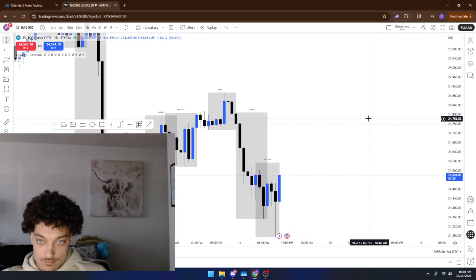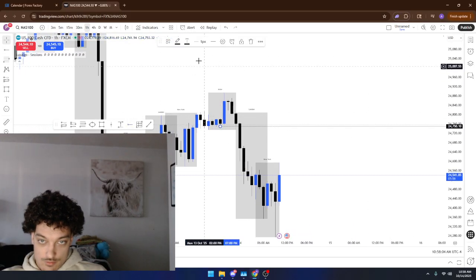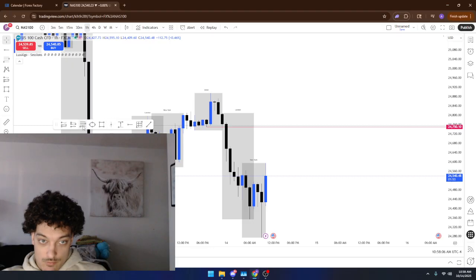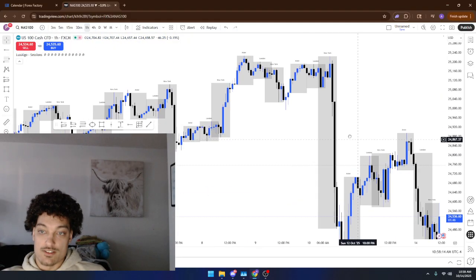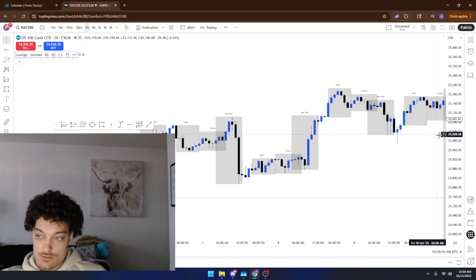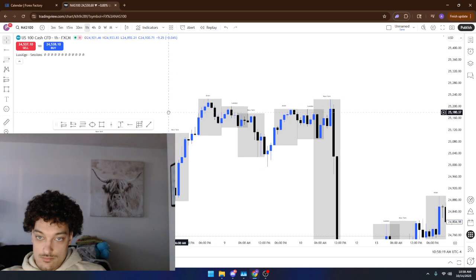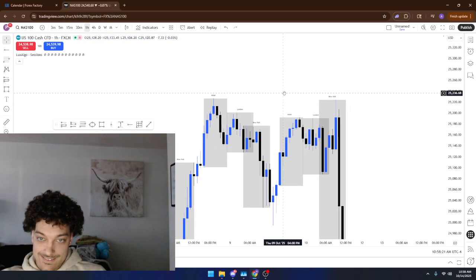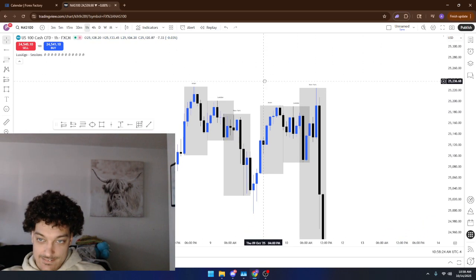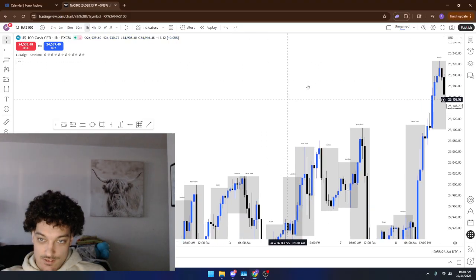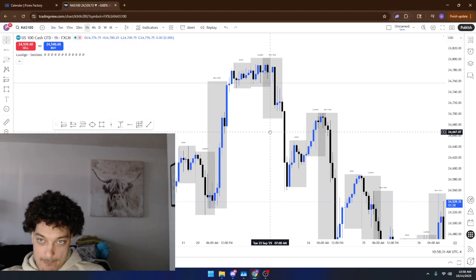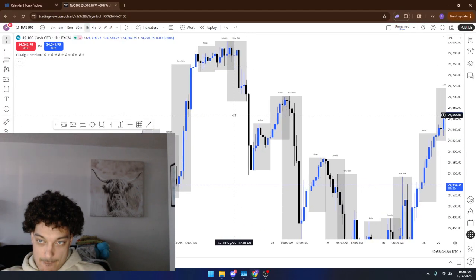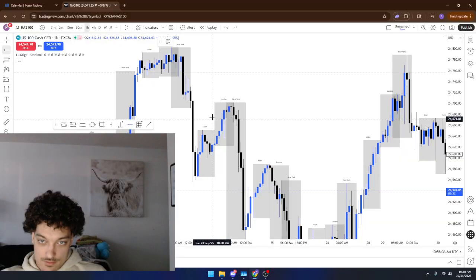Let's see the hourly time frame. Breaker structure right here. Last up candle before the breaker structure. Price hasn't even reached here yet. Price never even retraced. Let's go back. You see one where price retraced into it. Breaker structure right here.